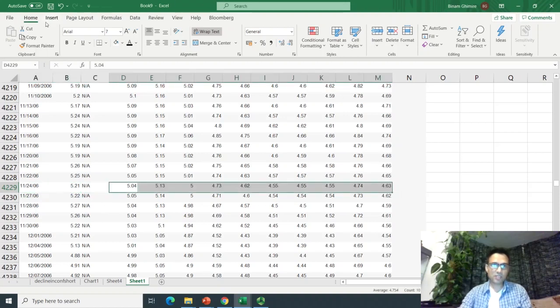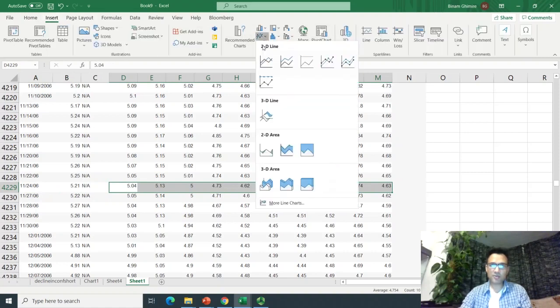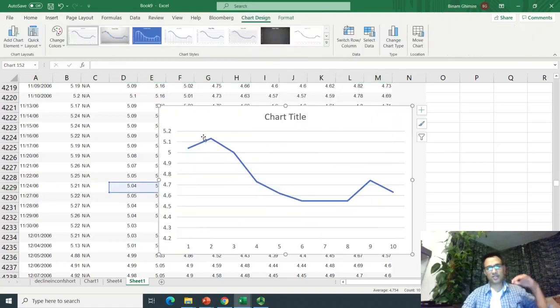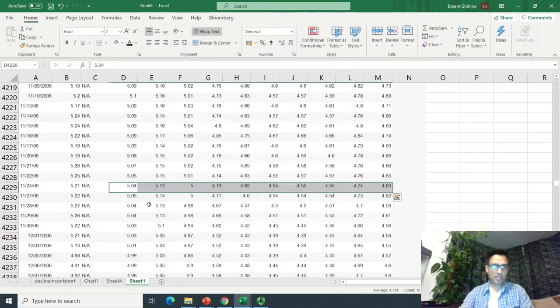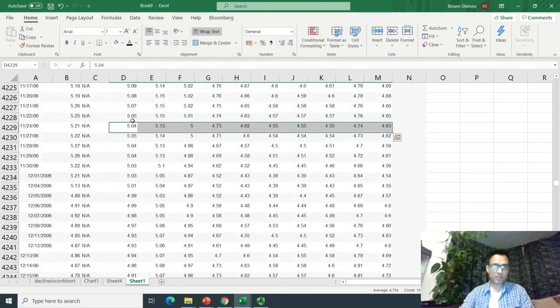So let me draw the curve now, and you can see again this is inverted. And this was the case for the majority of the period toward the end of 2006, and also to some extent at the beginning of 2007.